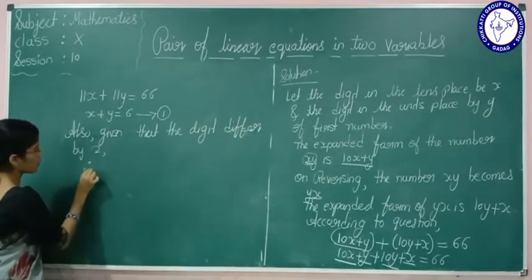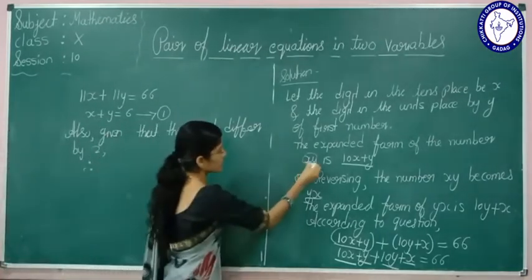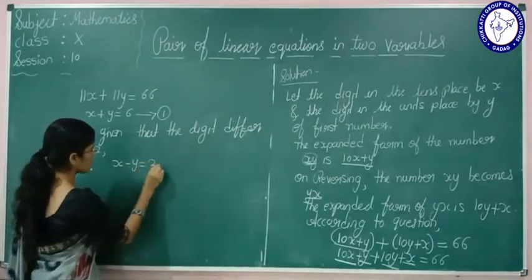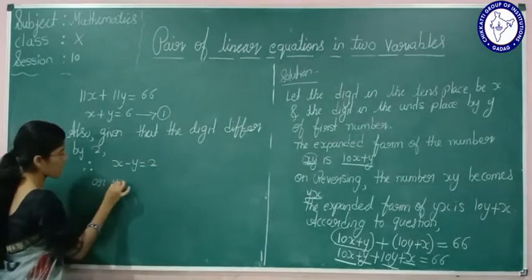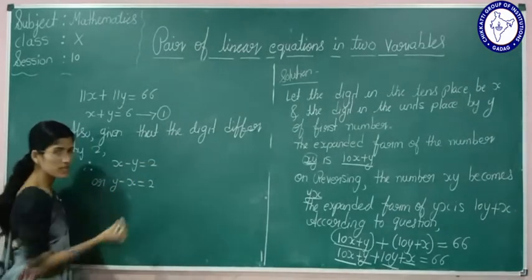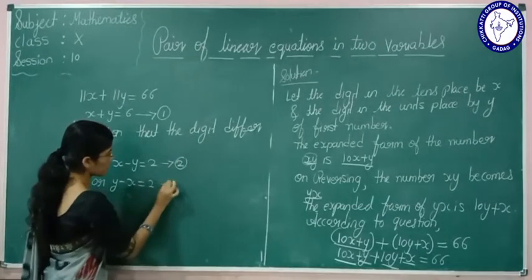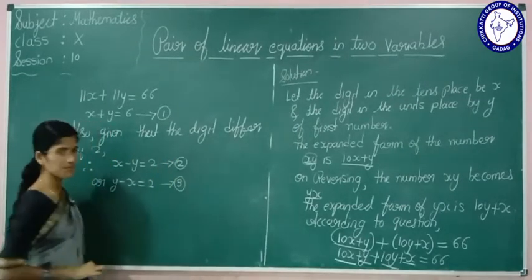So therefore, here it is nothing but x minus y is equal to 2, or what we can tell, y minus x is equal to 2. Yes or no? Two possibilities are there. Call these equation number 2 and equation number 3.